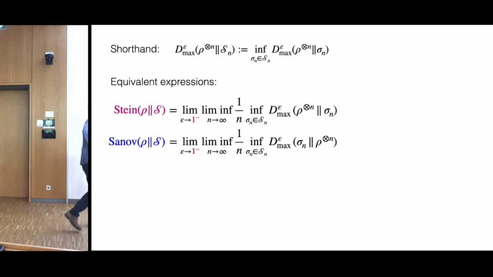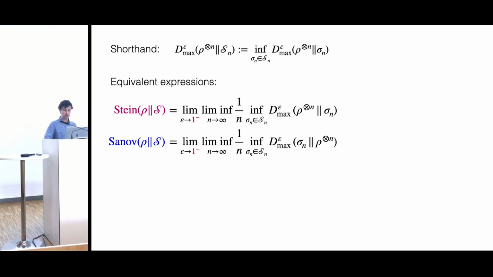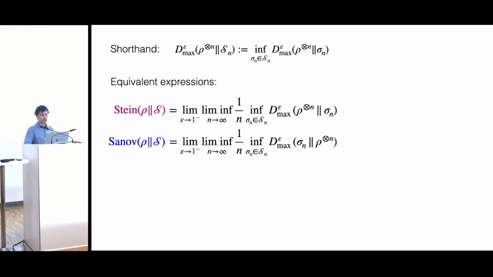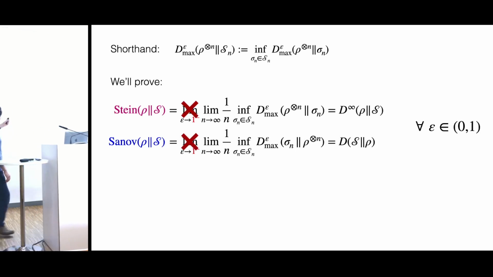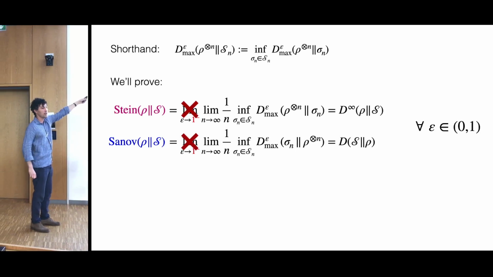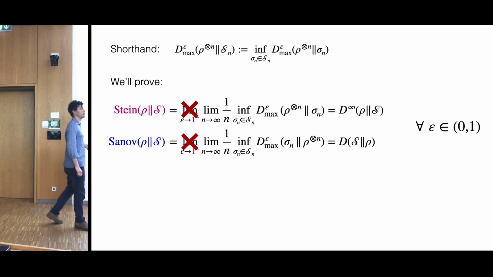Okay, we don't seem to have gained much. But what we will actually prove is that the limit in epsilon doesn't do anything. So in fact, what you can prove is that for both of these quantities, the limit exists for any fixed epsilon, and it's given by the regularized relative entropy, as it should in the Stein case, and the reversed relative entropy of entanglement in the Sanov case.